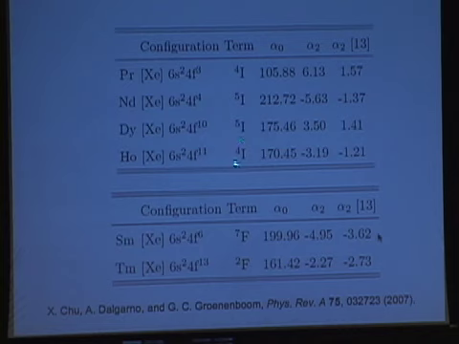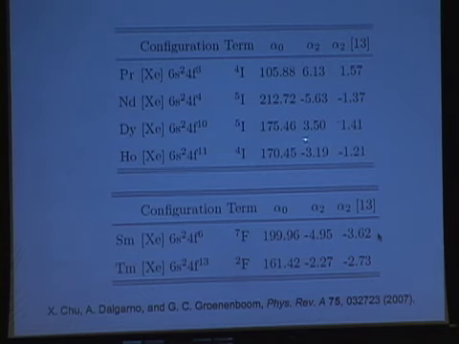I think it's probably because the angular momentum is just too large, and the spin term multiplicity is very large as well, and this is a very small value compared to the alpha zeros, so we obviously overestimated the alpha 2s here. And then for a slightly lower angular momentum, we get a very good agreement again.